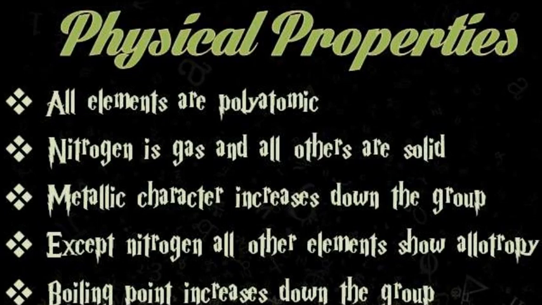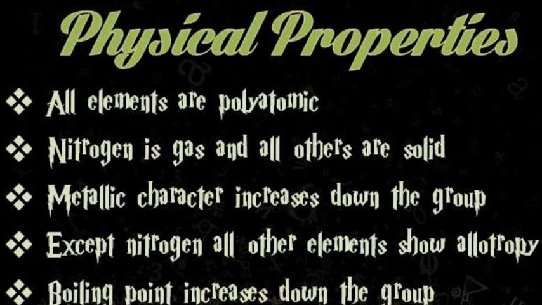Phosphorus can form allotropes, that is red phosphorus and black phosphorus, but nitrogen cannot form allotropes.